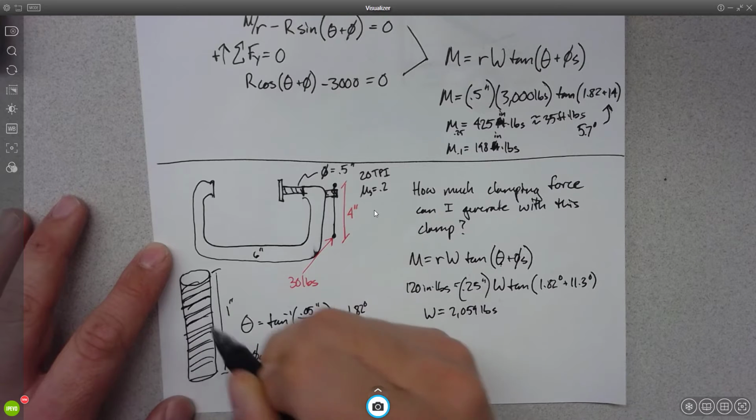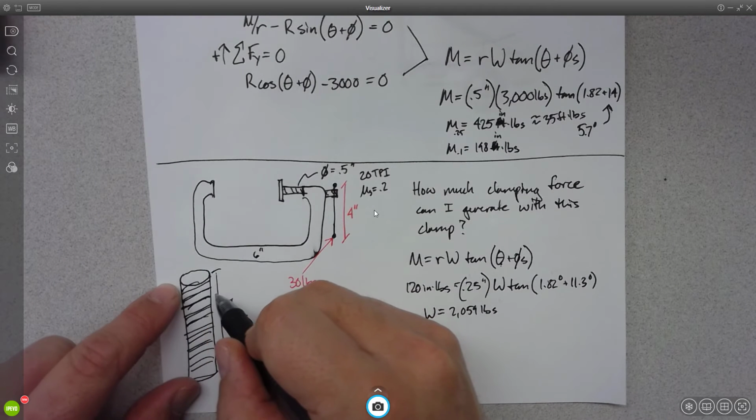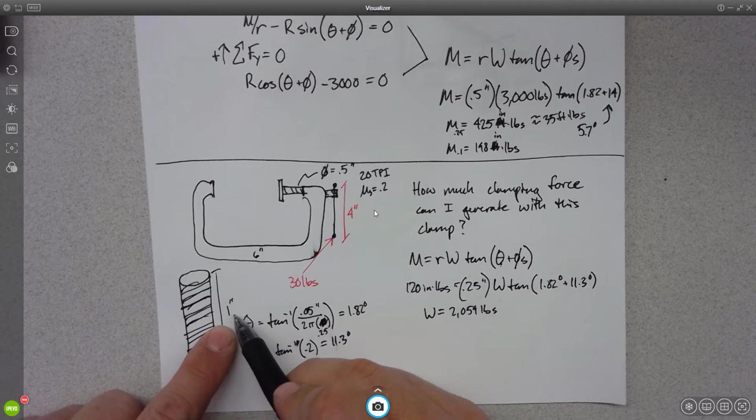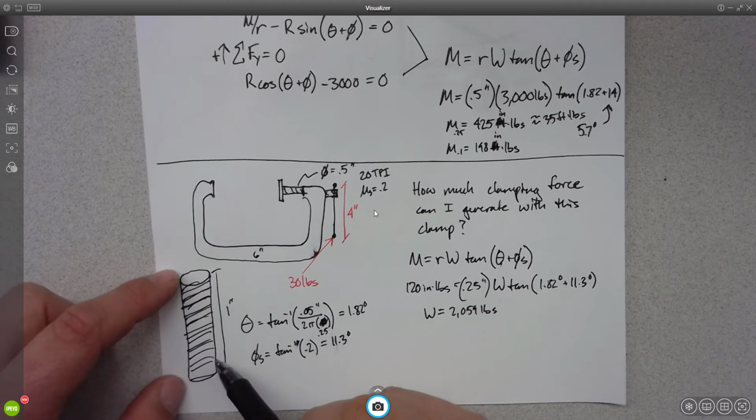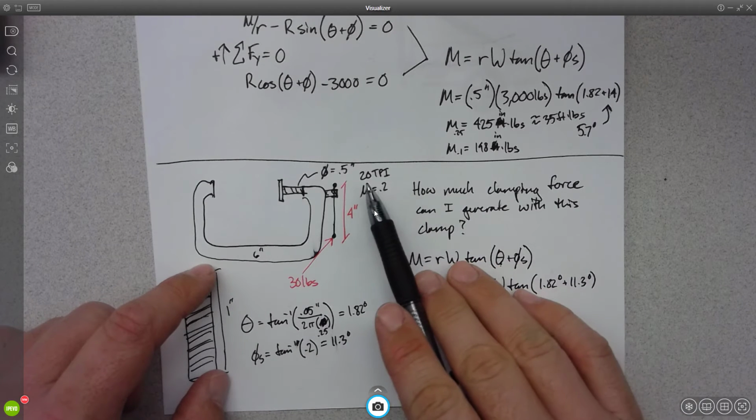I didn't count them, but let's say that's 20 threads, okay? That means that each wedge causes you to go 1/20th of an inch, right? Because there's 20 wedges that add up to 1 inch total.